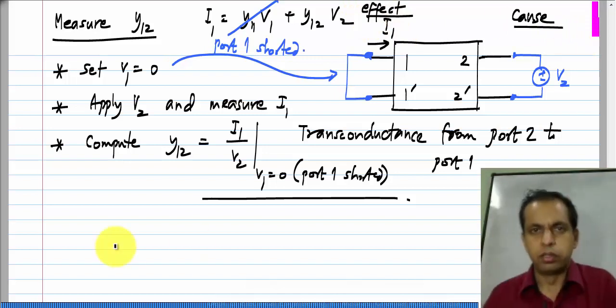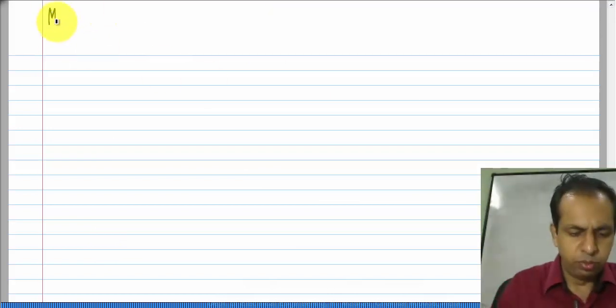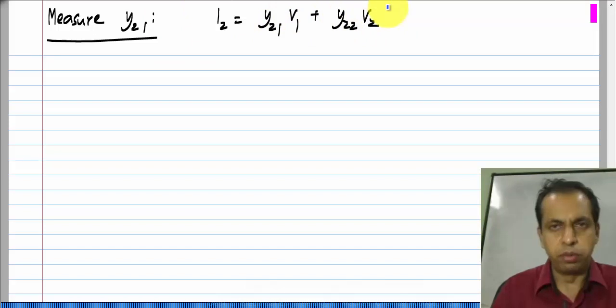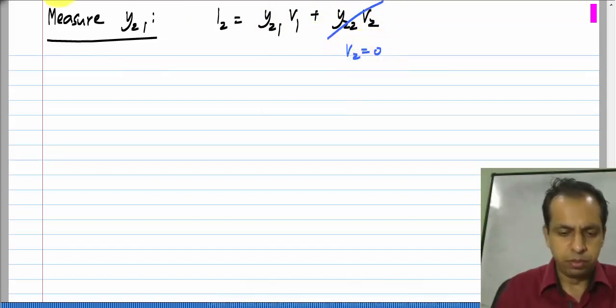Now, we can see that by obvious extension we can measure the other 2 parameters as well. We can measure Y21. I2 is Y21 V1 plus Y22 V2. To retain only the term containing Y21, we set V2 to 0.